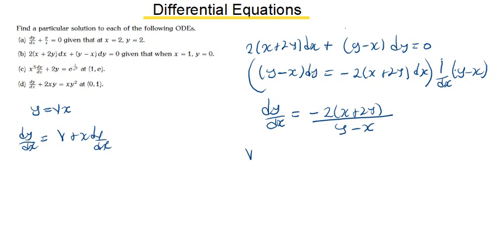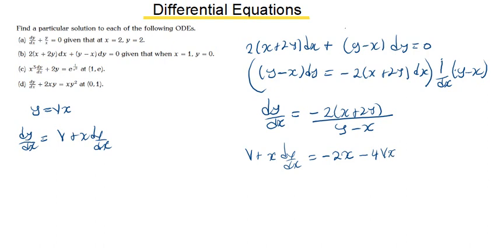It's simply v plus x dv/dx equals, let me expand in advance here, minus 2x minus 4y. But instead of using y here, remember we are saying our y is vx, so I'm going to put 4vx there.